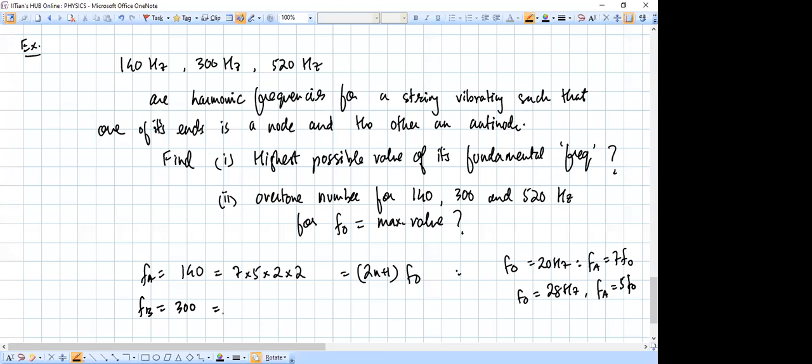For example, it can be written as 15 into 20, or 5 into 60, or 3 into 100.